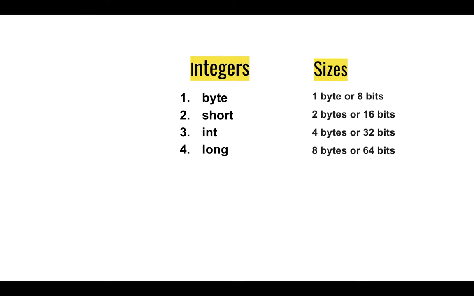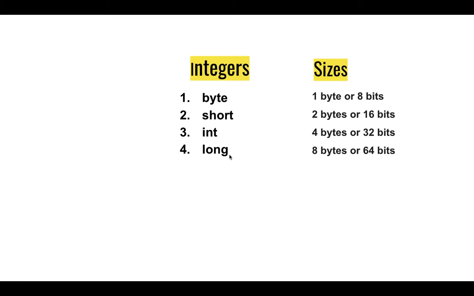We can assign a minimum value of minus 32768 and a maximum value of 32767. Int: this data type has 4 bytes, equal to 32 bit storage. We can store numbers between minus 2147483648 and plus 2147483647.